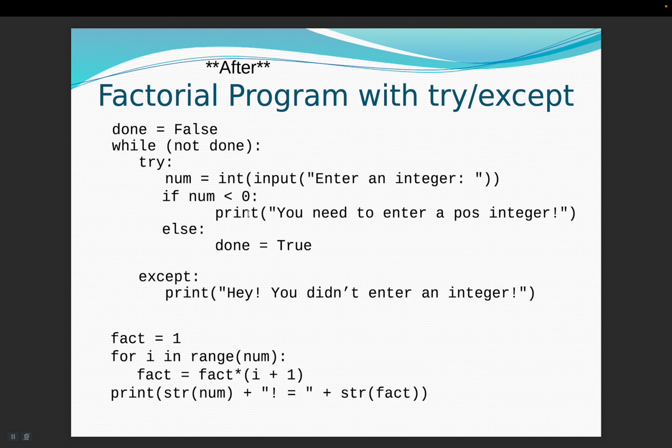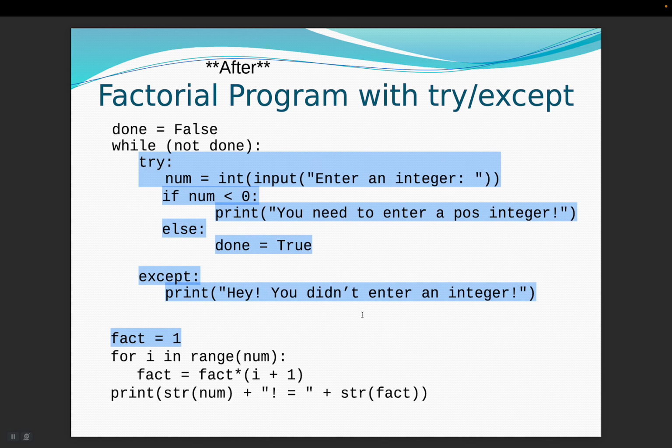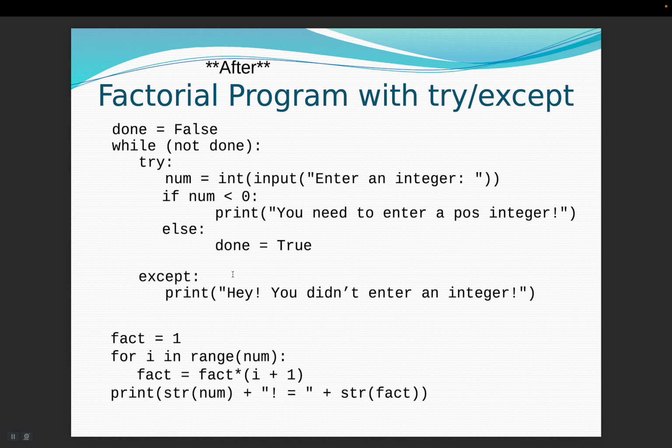If the input is less than zero, tell them they need a positive number. Else, done is equal to true. So that's the first check. And then here we say, hey, you didn't enter an integer. So we're checking two things: in here, if the number is less than zero, and in this outer one, if they put in an integer at all, and then we do our calculation.